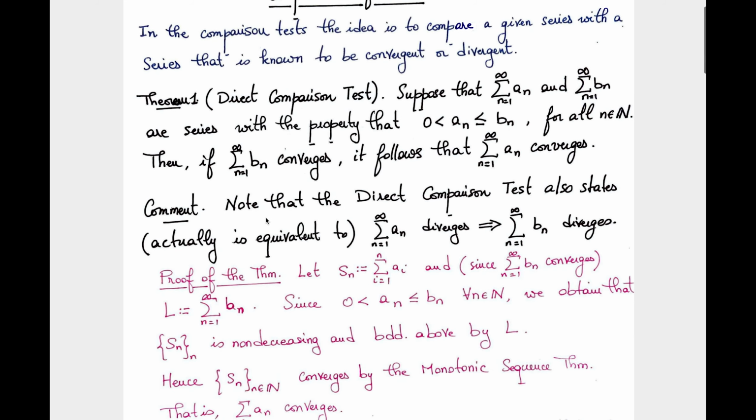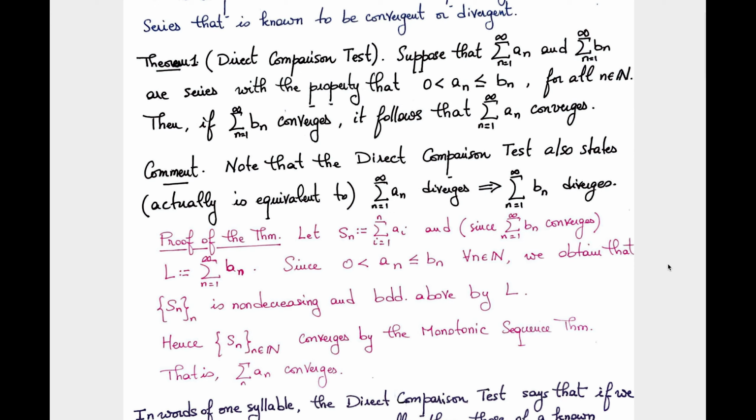The comment here: the direct comparison test is equivalent to the failure of this forcing the failure of that. So under the same hypothesis, obviously, if the series whose terms are An is divergent, then the series whose terms are Bn is also a divergent series. Okay. All right. So how does the proof go?